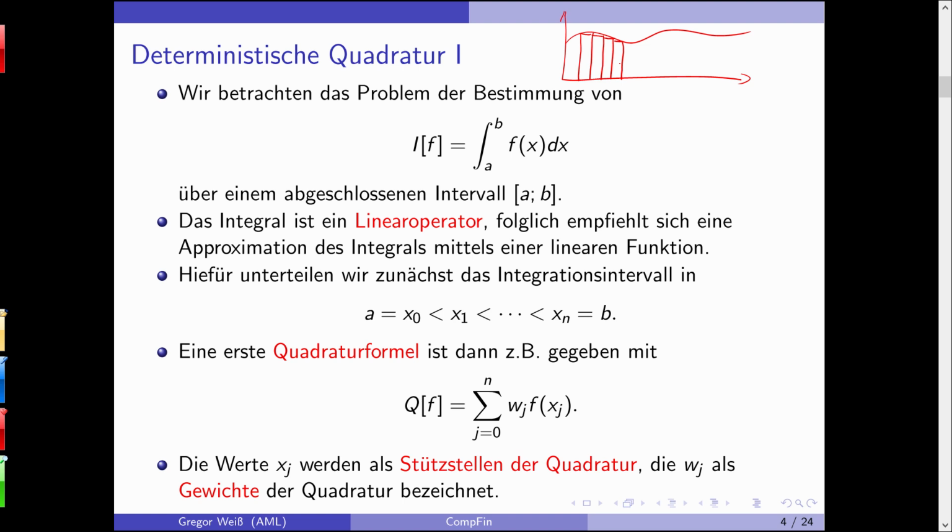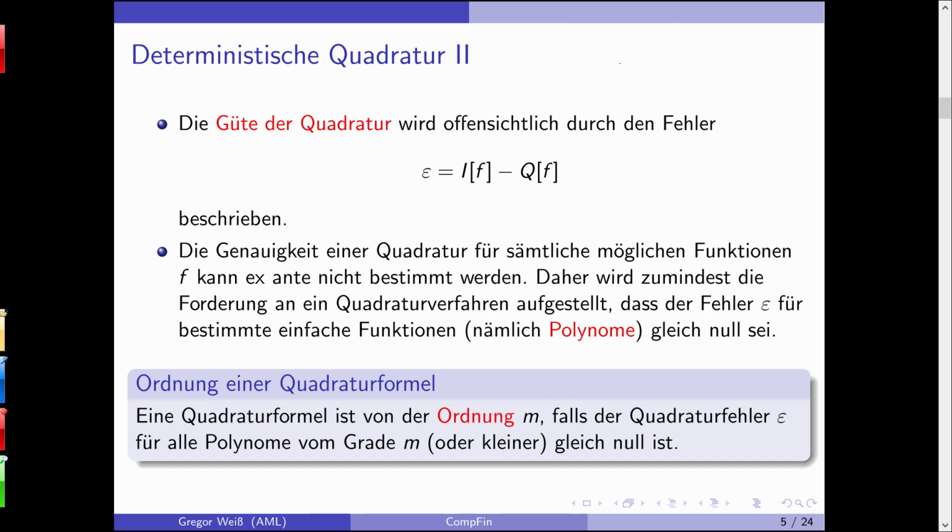And then the first simple quadrature formula could be given by the approximation of the integral of f as the sum over j starting with 0 up to n of w_j, weights, that's why they're called w, times function values at point x_j. Why? Any idea? What is the idea behind this?